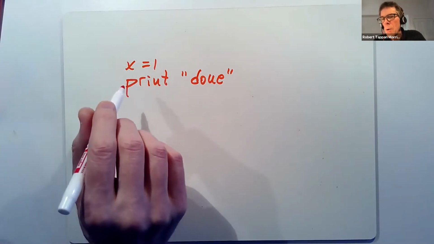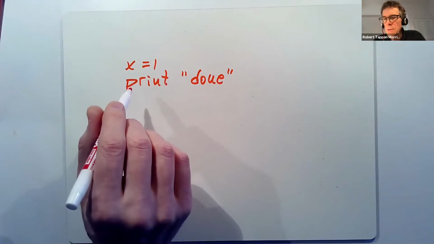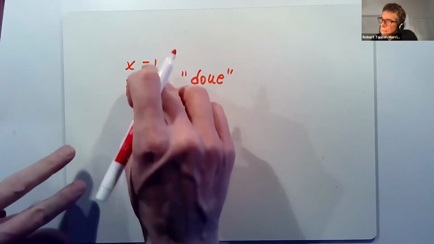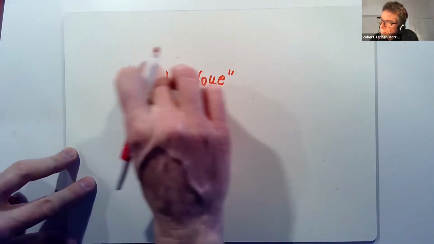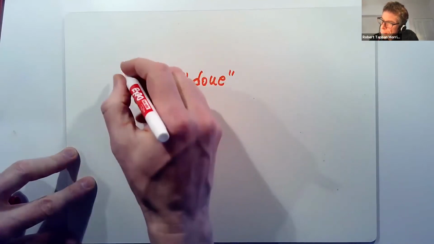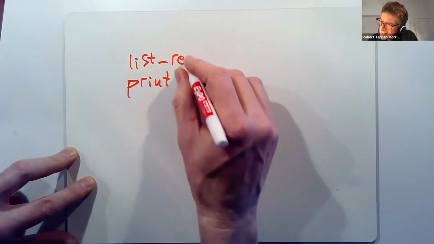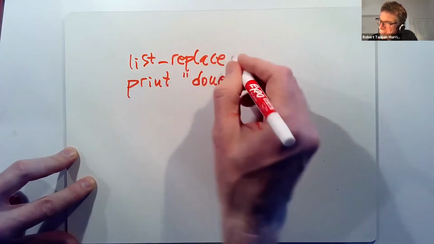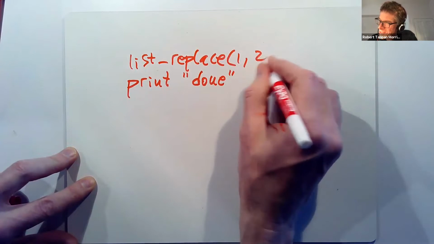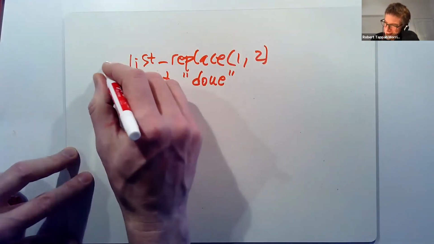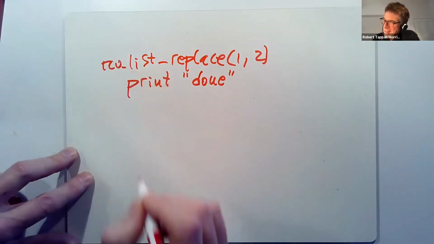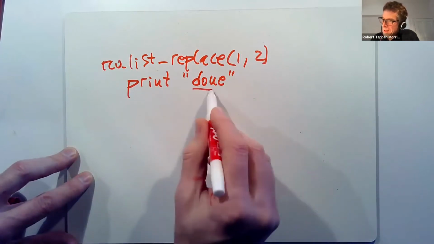Well, there's a sense in which RCU allows that to happen. If what we're really talking about is, you know, list replace, find the element that has 1 in it and change it to 2 using RCU, right? After that finishes and we print, oh yeah, we're done.